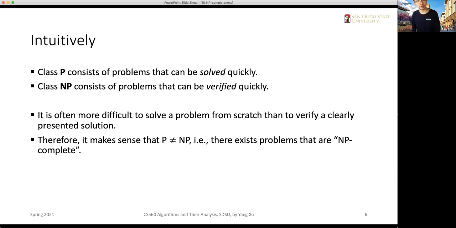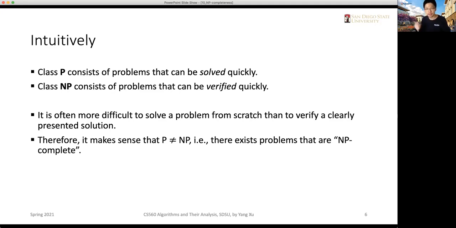The most common guess about the relationship between P and NP is that P doesn't equal NP. In other words, NP cannot be solved within polynomial time.